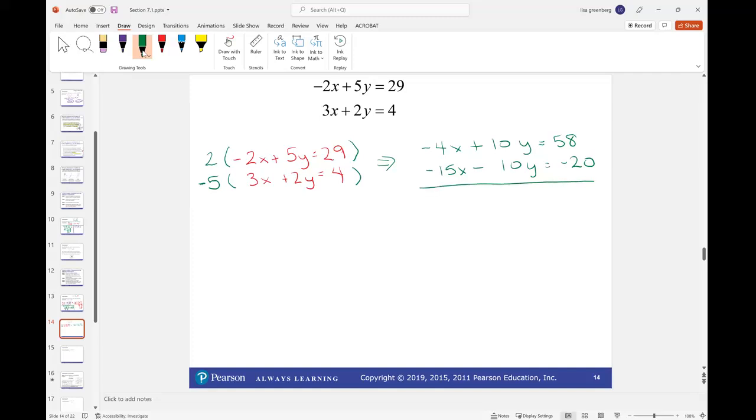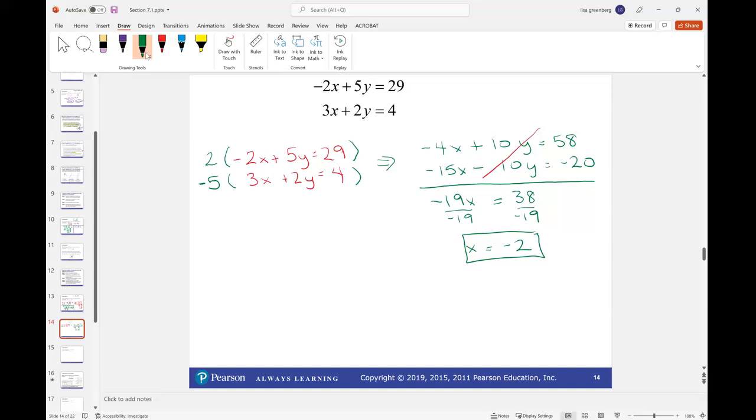Then when I add these together, again, now the y's cancel. So I'm eliminating y. And I get -19x equals, and then 58 minus 20 is 38. I divide both sides by -19. And I get x equals -2, which is exactly what I got before.